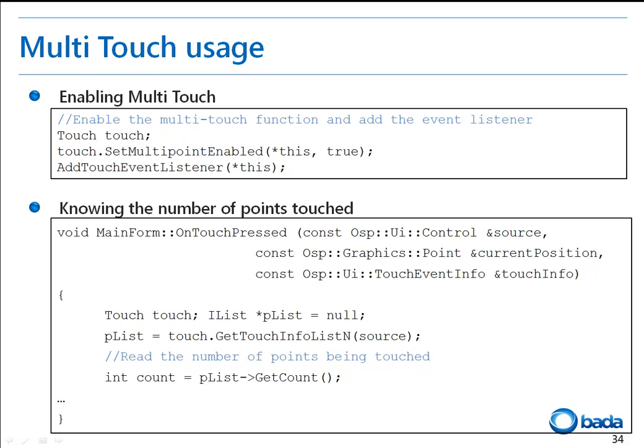In this callback, the information related to the number of points and coordinates are passed. As shown, to get the number of points being touched, first, the getTouchInfoListEn method is called to get the iList, which contains the information on touched points. Then, the getCount method of the iList is used to get the number of points being touched.